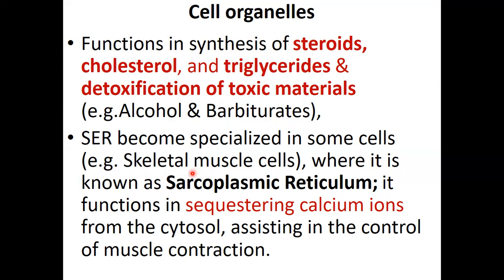The smooth ER in muscles, specifically skeletal ones, is to store calcium ions. So all those functions of detoxification are reduced so that this organelle this time can store calcium.